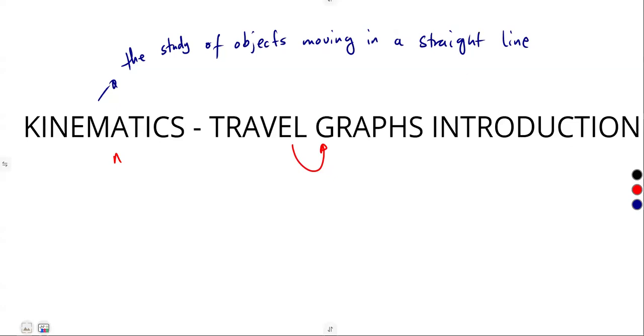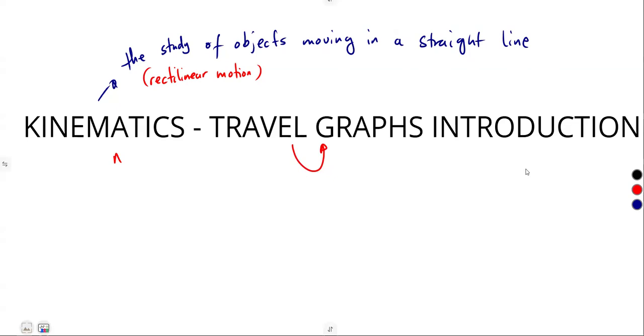And when you're considering a straight line, that's a rectilinear motion. So in actual sense, you're talking about rectilinear motion, the study of moving objects. The objects that are moving in a what?